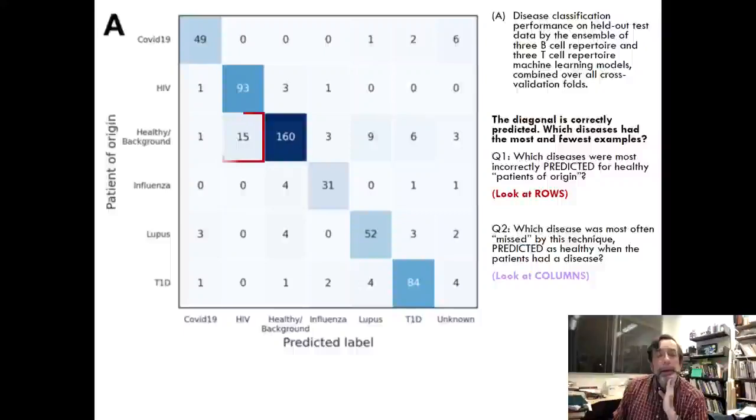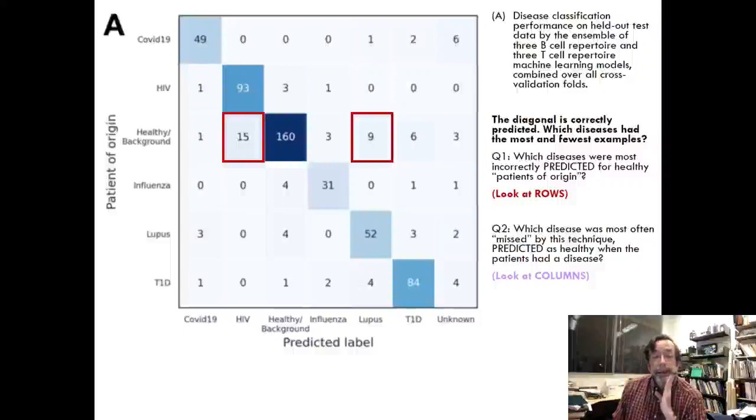You can see right here, patient of origin, healthy, there were 15 patients that were actually healthy, but the computer said it thinks they had HIV. Move over to the second biggest number for healthy. The other mistaken disease is 9 patients. The computer said they had lupus when they did not.